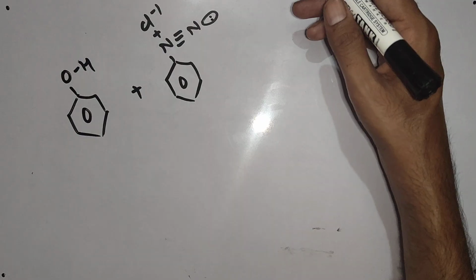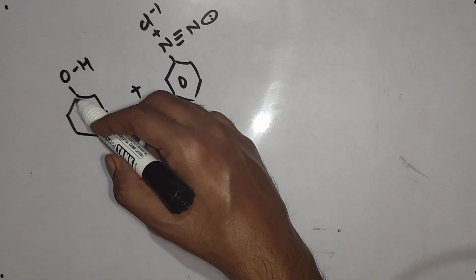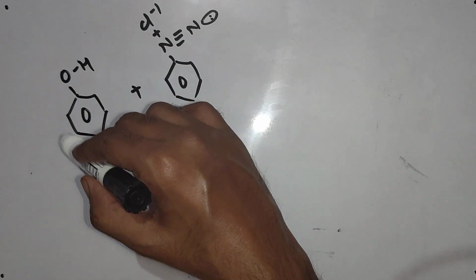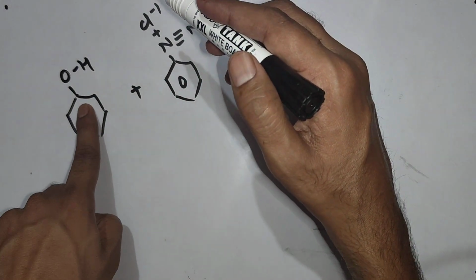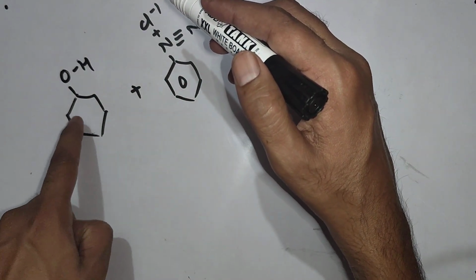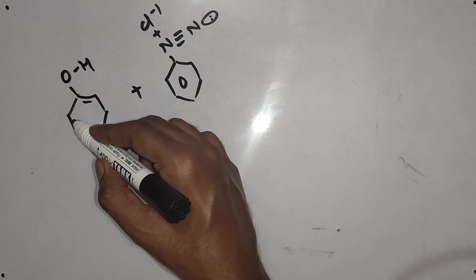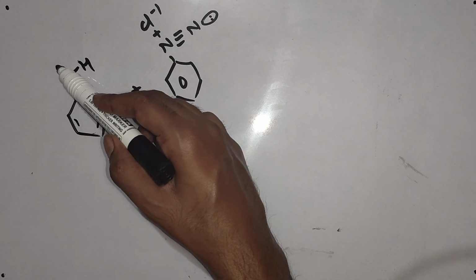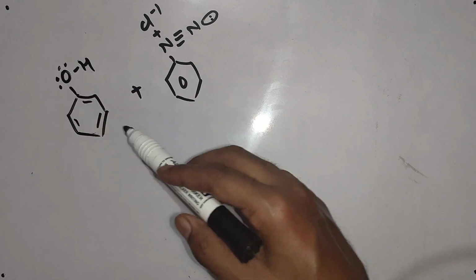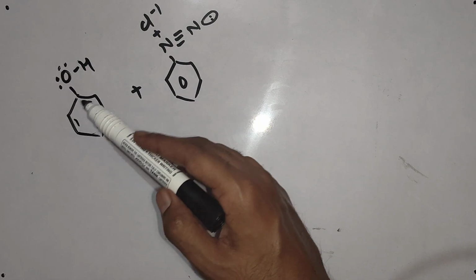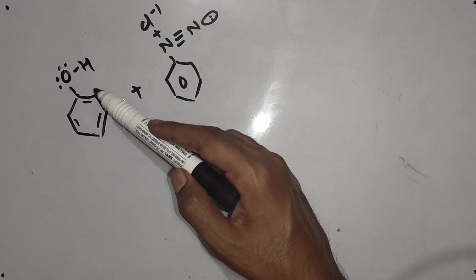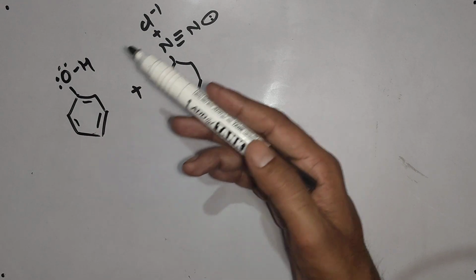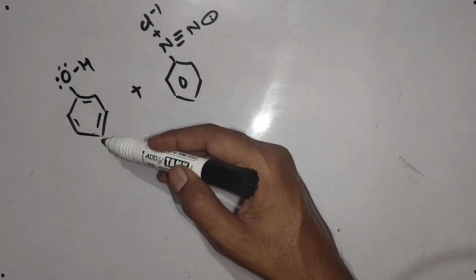This nitrogen has a lone pair, and you know this is phenol, and phenol contains a benzene ring, and the benzene ring is a source of electrons. Pi electrons are available there, and in phenol, due to resonance of oxygen, the electrons are mostly available on the ortho and para positions. In previous videos, everything we have already discussed.